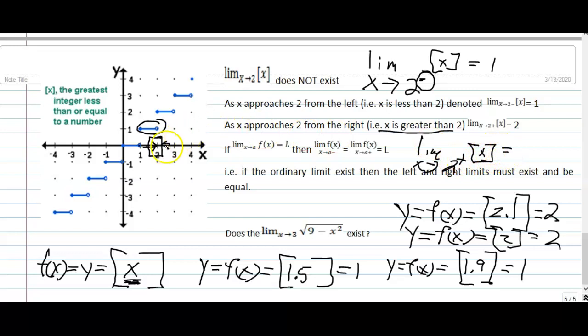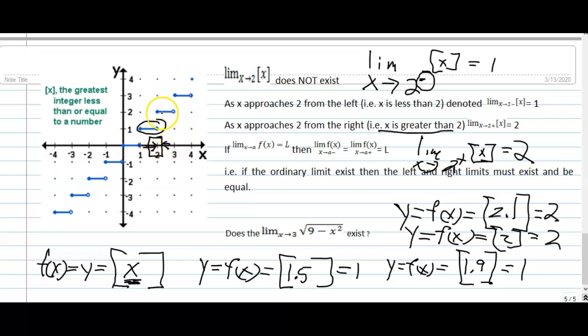Well, if the values for x are a little bit greater than 2, then the limit as x approaches 2 from the right would be equal to 2. For example, the greatest integer less than or equal to 2.1 is 2, so it gives you 2. The greatest integer less than or equal to 2.9 would be 2.